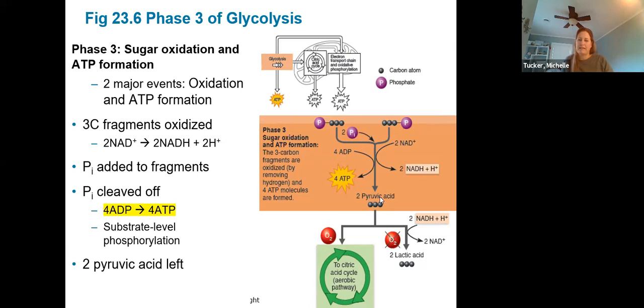When it does that, it generates 4 ATP, and it is going to reduce 2 NAD+ to NADH. After this, we now have 2 pyruvic acid, and then we have these 2 reduced coenzymes.